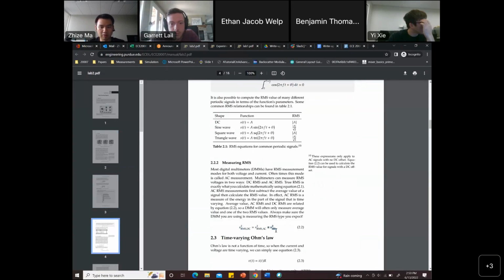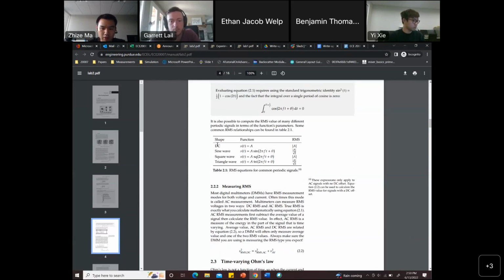Here, average is equal to offset, for this semester at least. And here is the AC RMS value calculation equation. For a sine wave, they need to use amplitude divided by square root of 2, and for the triangle wave, square root of 3.